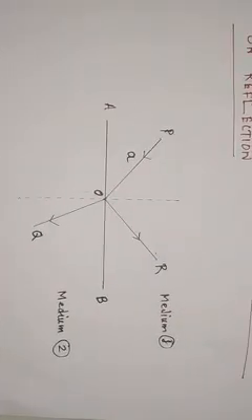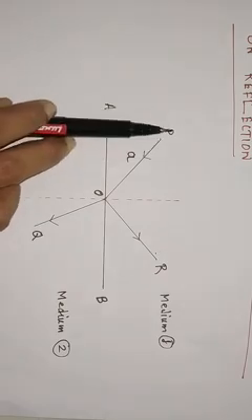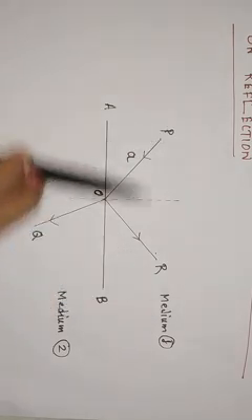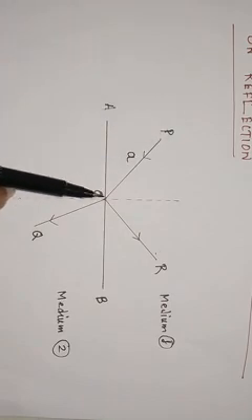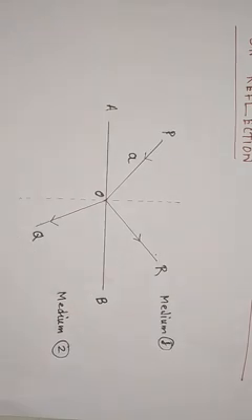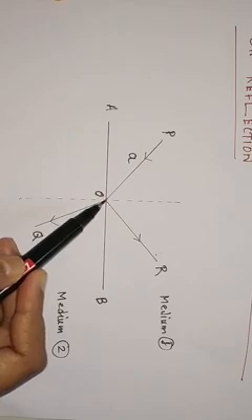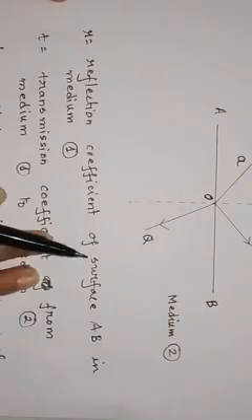It means that when a ray travelling in medium 1, like this PO ray, is incident on the surface AB, the fraction of amplitude which will be reflected back in medium 1 is r.